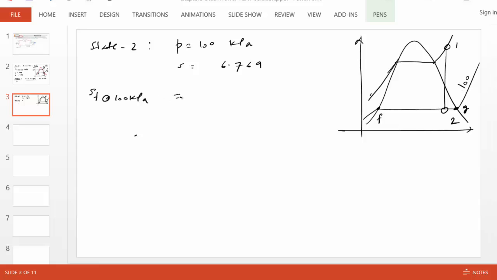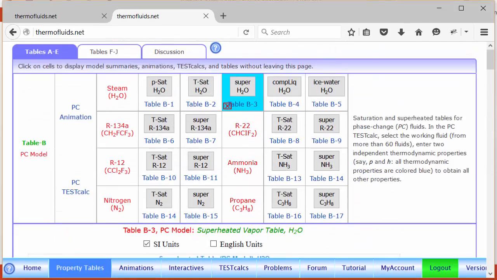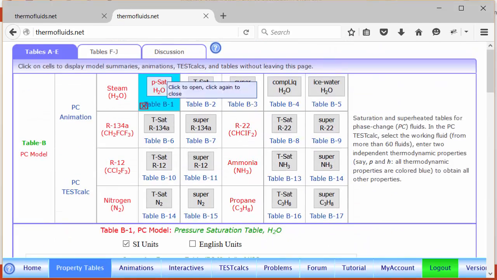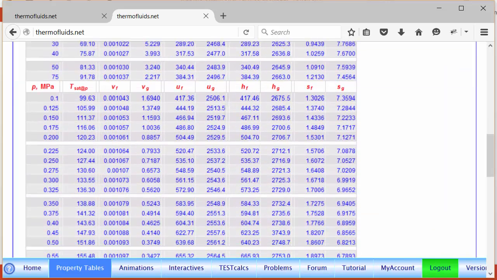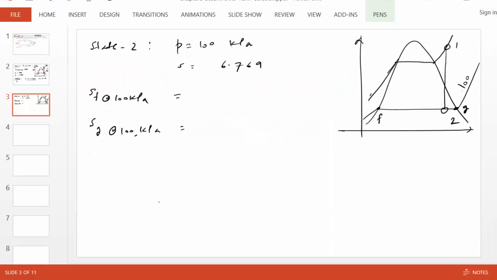SF at 100 kPa and SG at 100 kPa we can easily determine by going back to the table. We know the pressure, so we'll again go to the pressure saturation table. At 100 kPa we can pick up SF and SG. We'll also pick up HF and HG and write this number down.